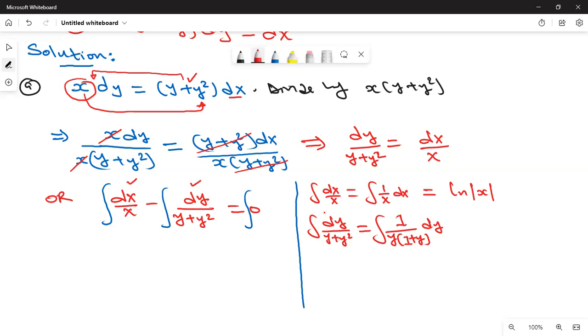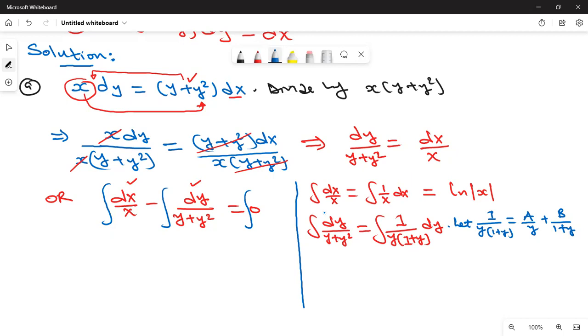So to integrate this, you have to use partial fractions decomposition. So you're going to say let 1 over y into (1 plus y) be equal to a over y plus b over 1 plus y, so that our task here is to find the values of the constants a and b.